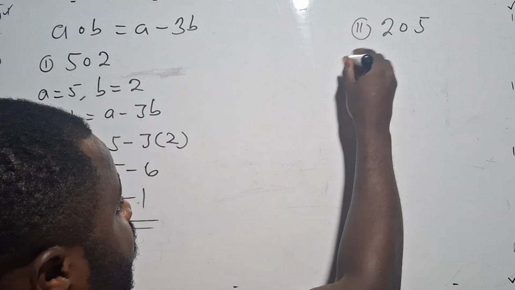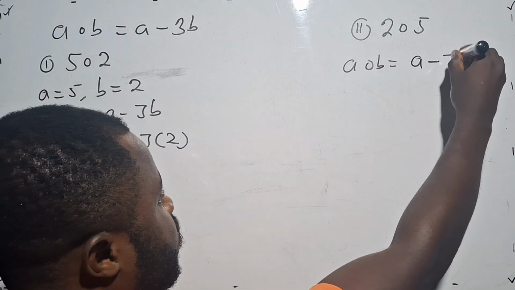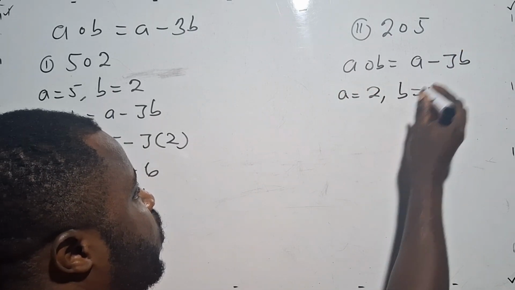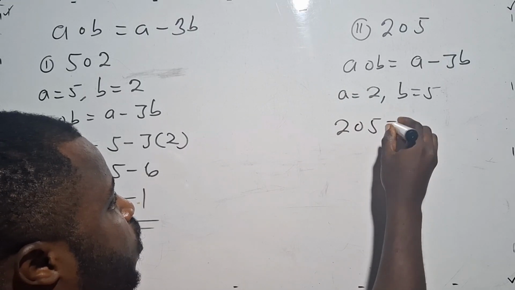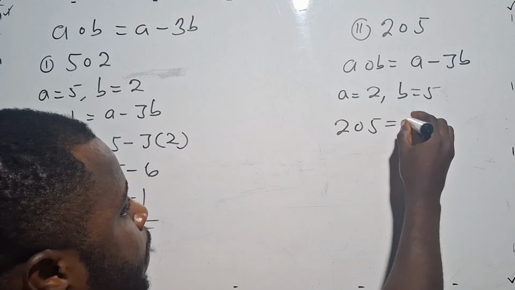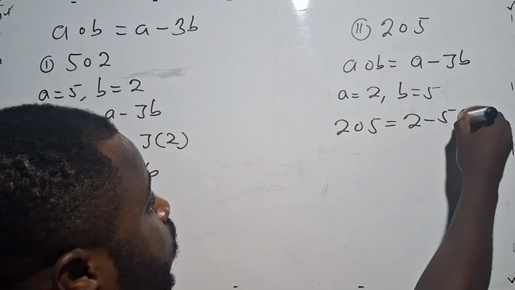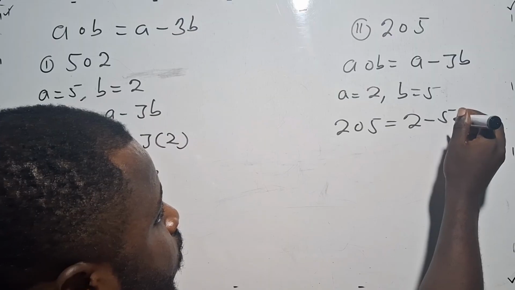The operation was given as A operation B is A minus 3B. So here our A is 2, then our B is 5. Following it, 2 operation 5 will give us A, which is 2, minus 3 times the 5.